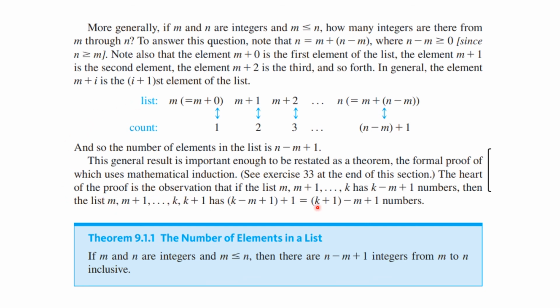If the list m plus 1 up to k has k minus m plus 1 numbers, then the list m plus 1 up to k plus 1 has k plus 1 minus m plus 1 numbers, and that's the key induction step. But here's the theorem. If m and n are integers and m is less than n, then there are n minus m plus 1 integers going from one to the other. That is, you have to count the first or the last, but not both.